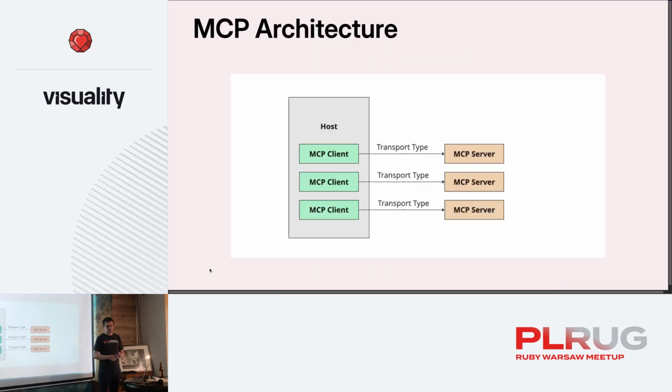What is it about? There's so much stuff about it currently, and most of it is unreadable. Probably because when the standard was first introduced back in 2024, it was really bad. It was kind of like JavaScript, which was built in a week, right?